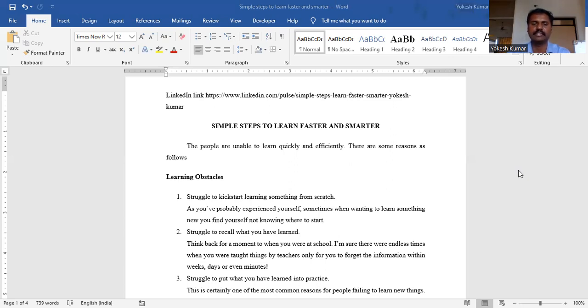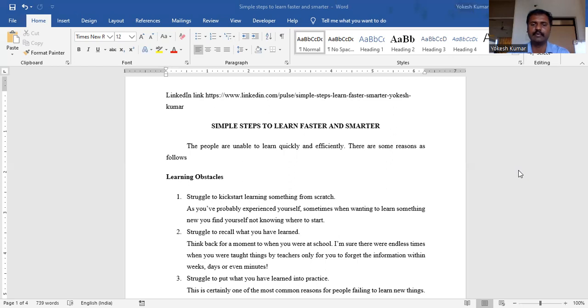Then the second obstacle is about struggling to recall what you have learned. The content we already learned, when you want to remember, every day we are facing issues because we are struggling. What are all the things learned in the previous sessions or previous lecture, and it is very difficult to recall.